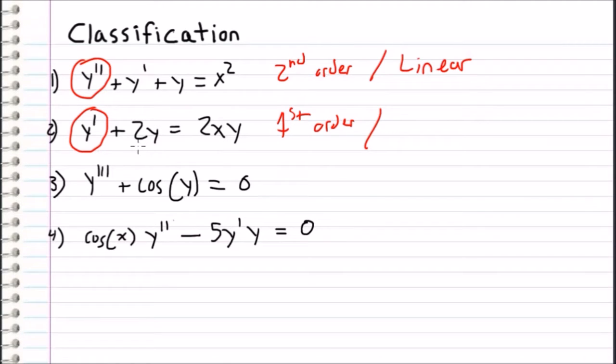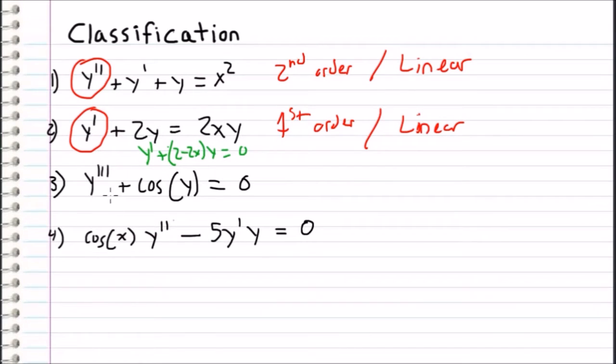We can recognize that we can rewrite this equation as y prime plus 2 minus 2x times y equals 0. Now the coefficient of y is only a function of x. So even though this y term showed up on both sides, we can always rearrange it into a way that fits our general linear form. So we can say that this equation is a first order linear differential equation.